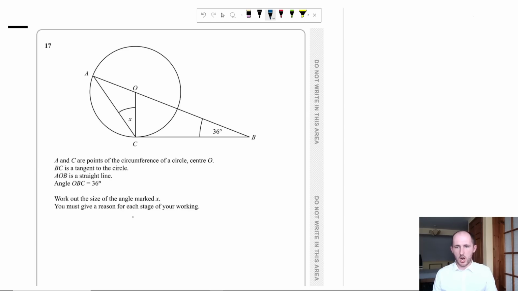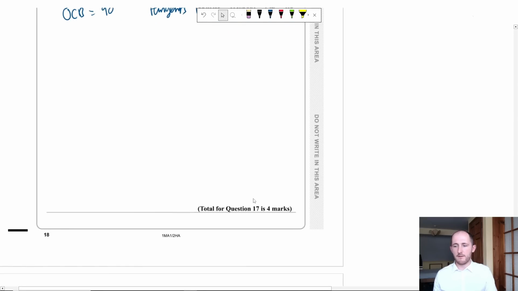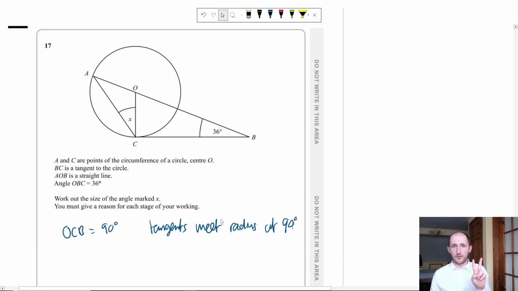Well, first of all, OCB equals 90 degrees, because tangents meet radius at 90 degrees. Now it should be noted, this question is 4 marks, so you only need to give 2 reasons. So that's our first reason. You don't need a reason for every single step, although I would recommend it. Now you can work out that COB.